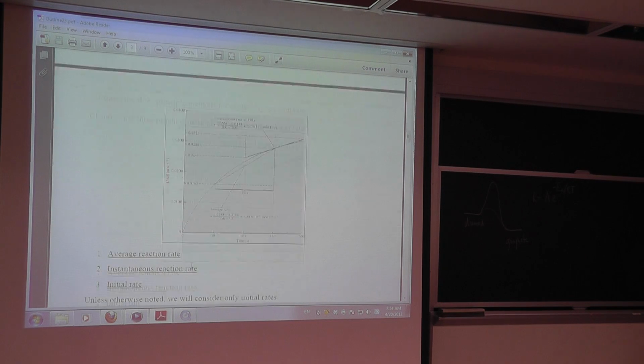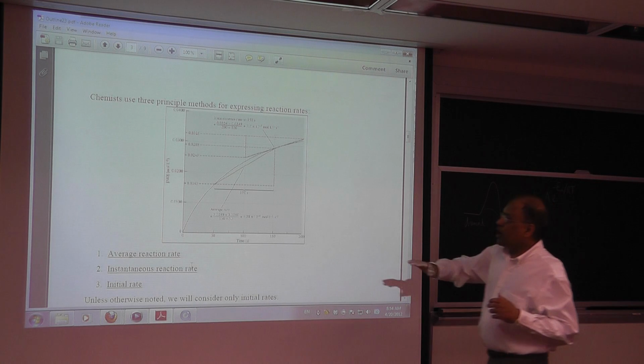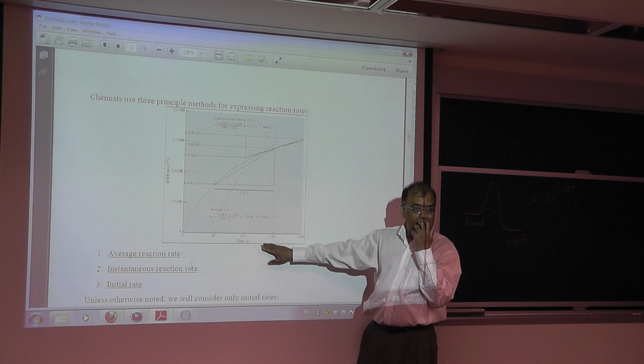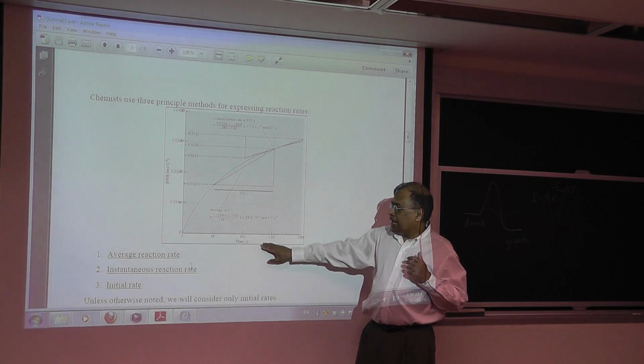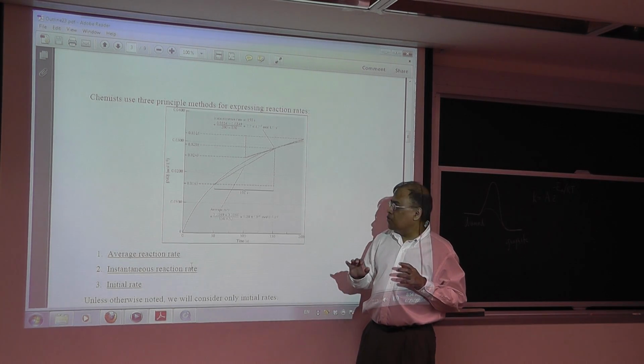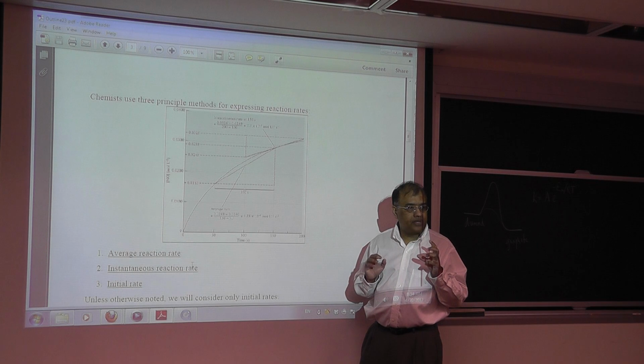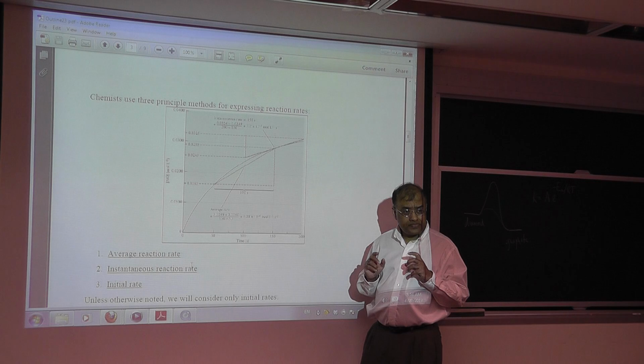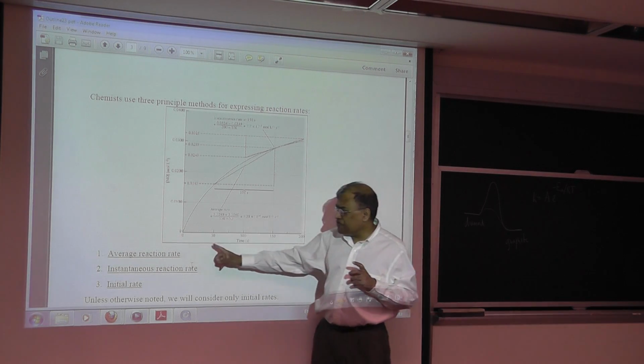Okay? So here is a diagram that is plotting concentration as a function of time. And we're going to define the rate of a reaction in one of three different ways.